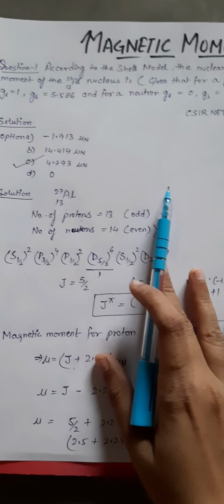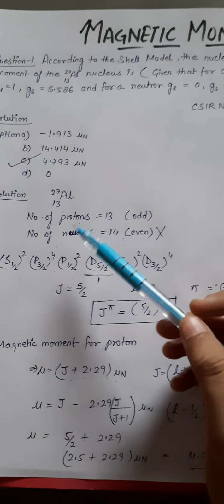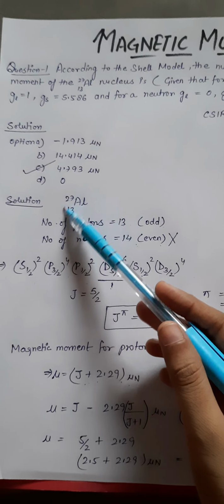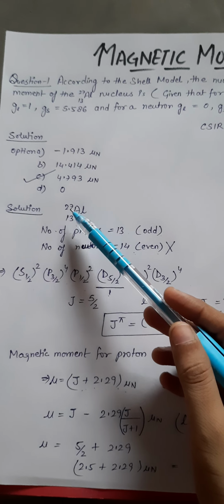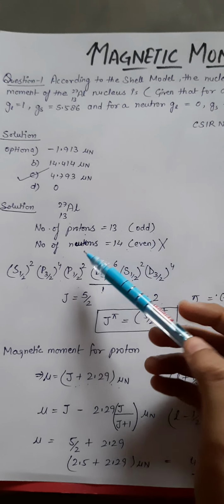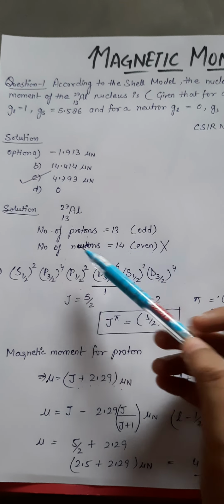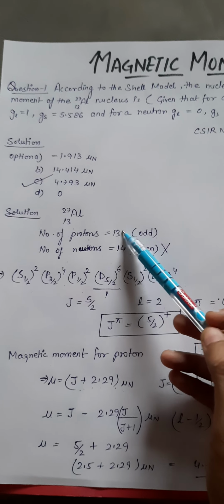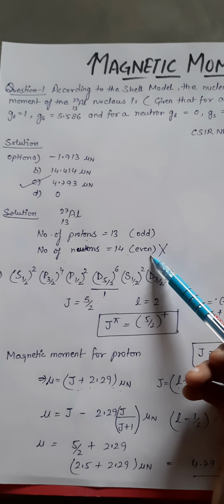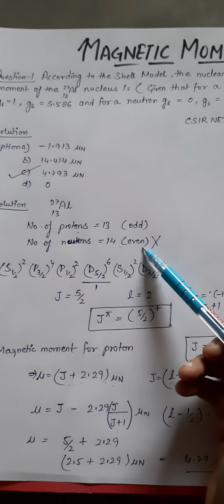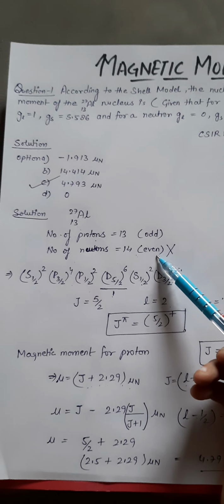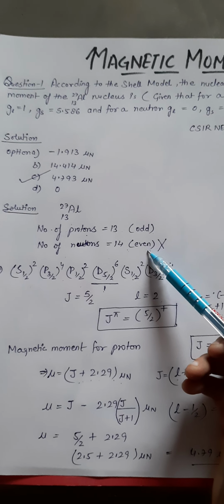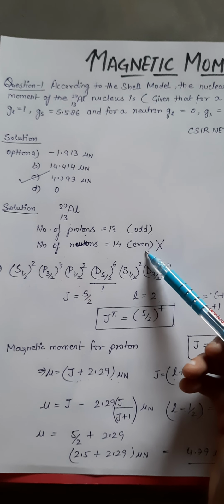Now please see the solution. We know that aluminium contains 13 protons and 14 neutrons. Protons are odd in number and neutrons are even in number. In the last video I told you that in order to calculate the spin and parity, we don't have to consider the even part.